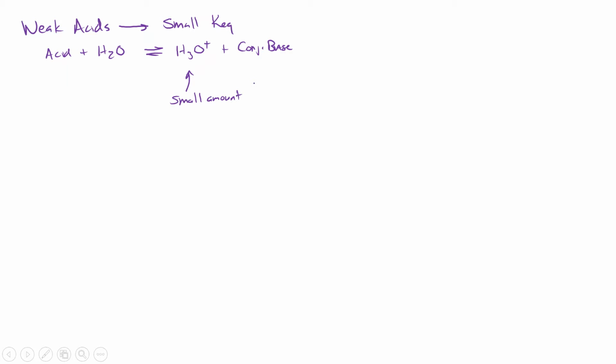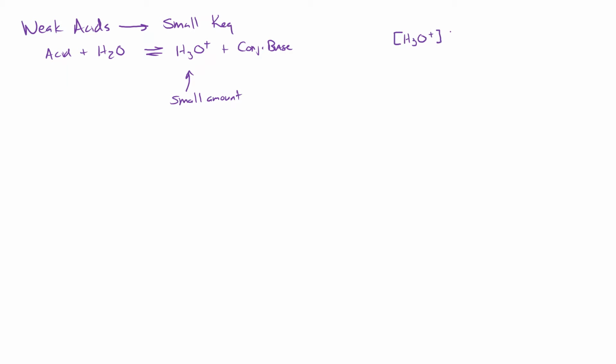So now we need to really think about how small is that amount, and the way that we've made sense in the past of how much of these products we get out is through the KEQ expression. And so I'm going to write out the KEQ expression here, but I'm not going to quite label it like that just yet.